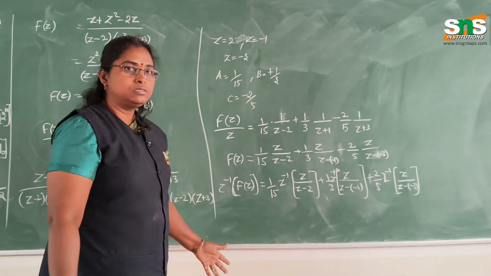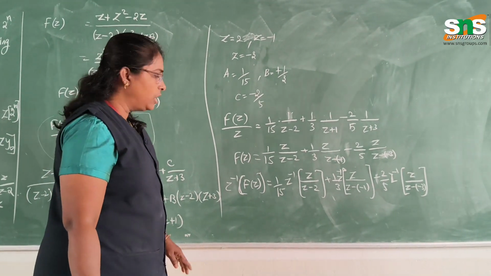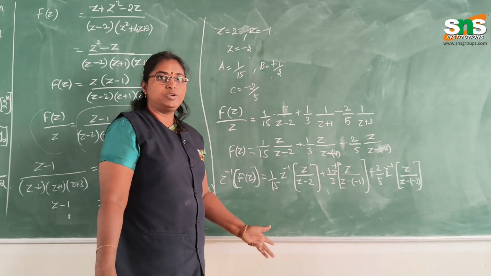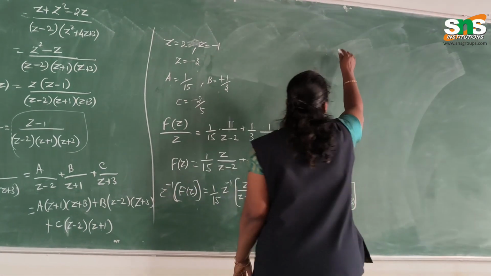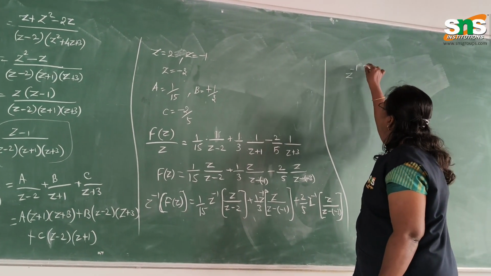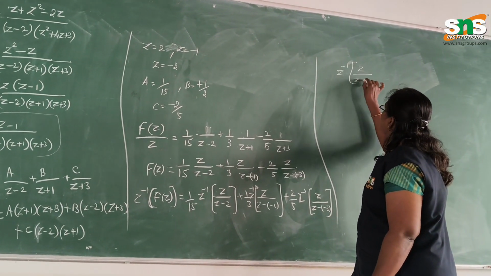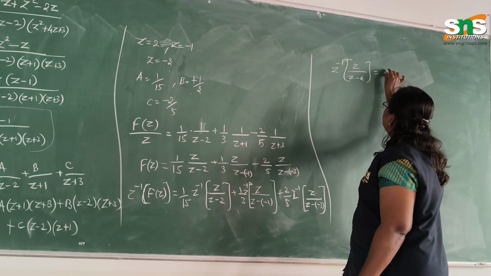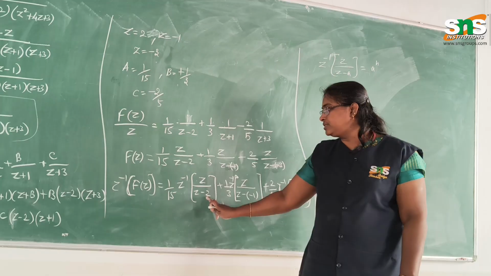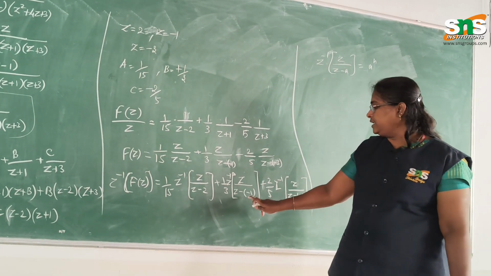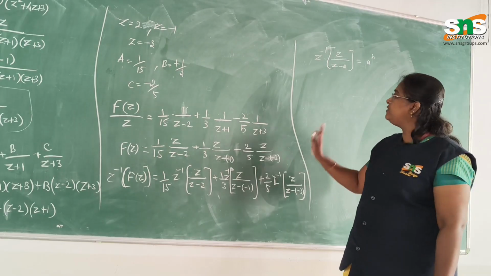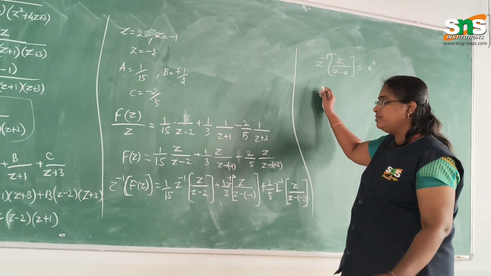Okay, so after this we can directly apply the formula: z inverse of z divided by z minus a, which is equal to a power n. So what is a given here? The first value becomes 2, the second a value is minus 1, the third a value is minus 3. So these 3 values we can substitute, and we will get the answer.